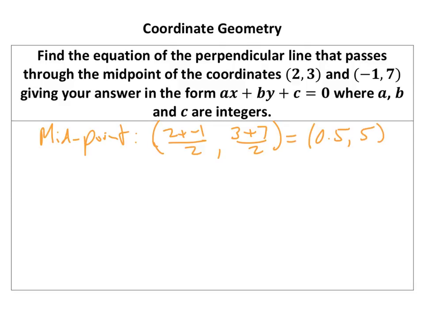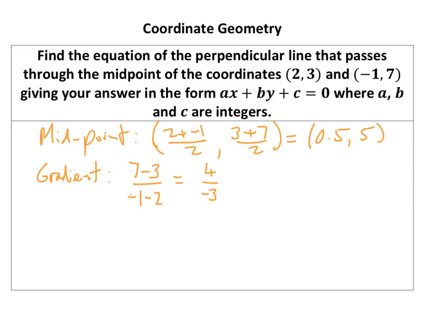We've then got to find the gradient between the 2 points. So gradient is going to be, right, it's rise over the run, of course, so 7 minus 3 over, where are we, 2 minus minus 1, that's 2 minus 1. So we've got 4 over minus 3.